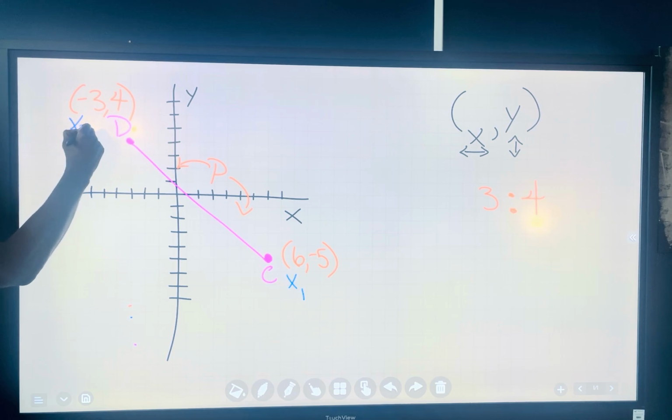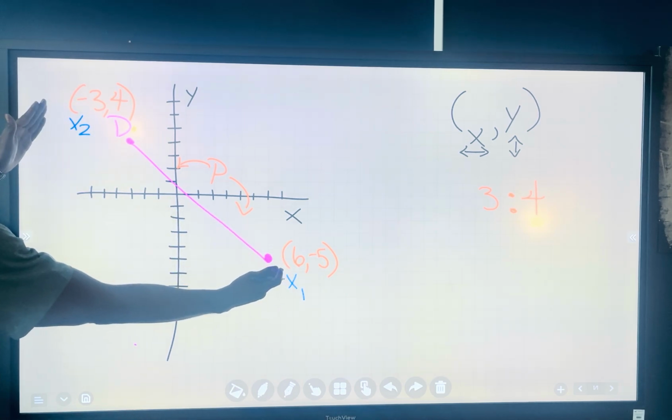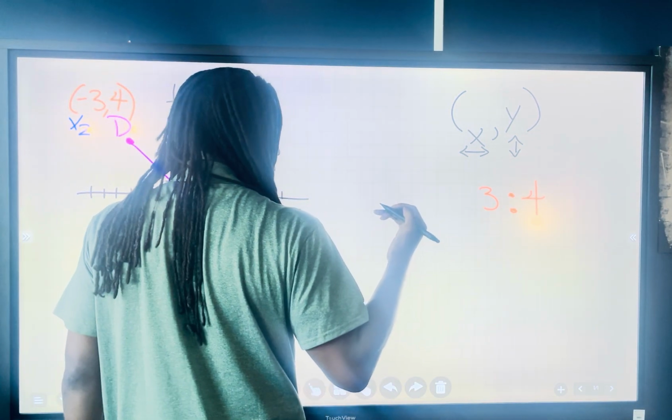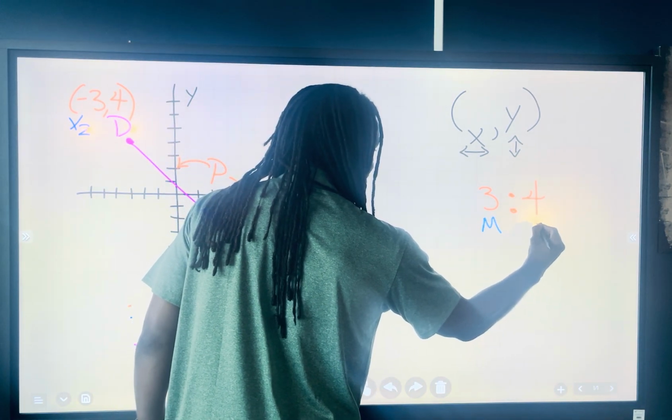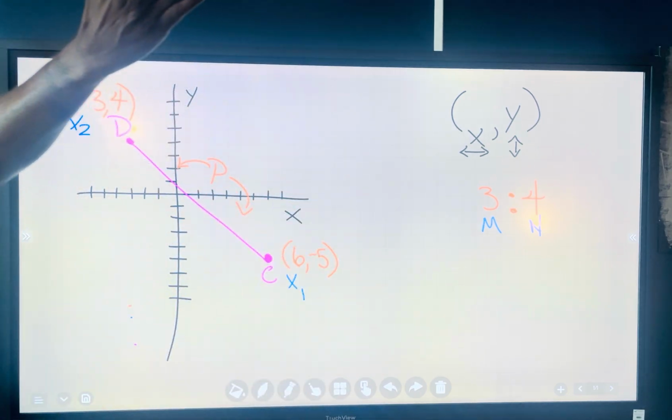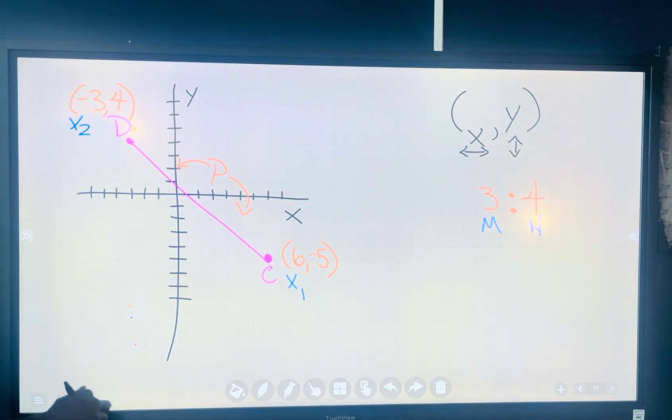X2 would then be -3. All right, because we went from C to D first. So now, if I got my X1 values, what is my M? 3. My N? 4. Okay, so we know we're going to use that formula, the ratio partition formula.